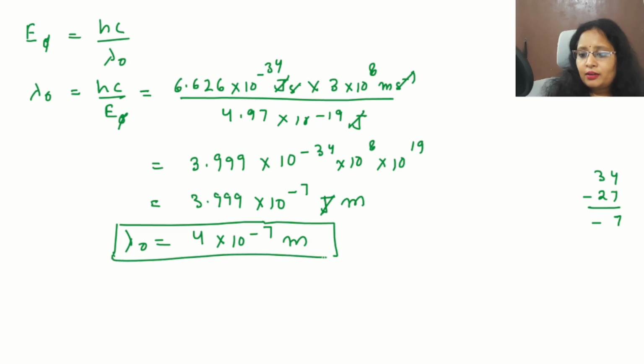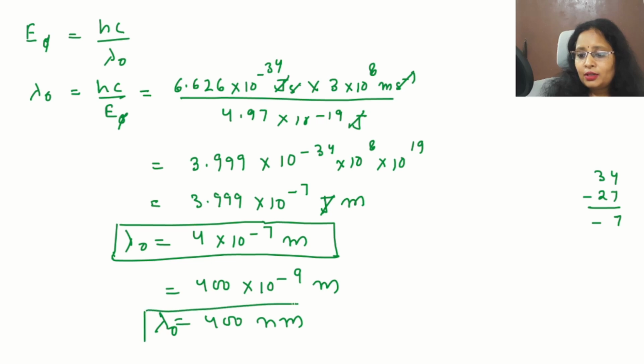Or we can write it in terms of nanometer. 400 into 10 to the power minus 9 meter, so we can write it as 400 nanometer. This is also the threshold wavelength in terms of nanometer. So this is our answer number A, threshold wavelength.